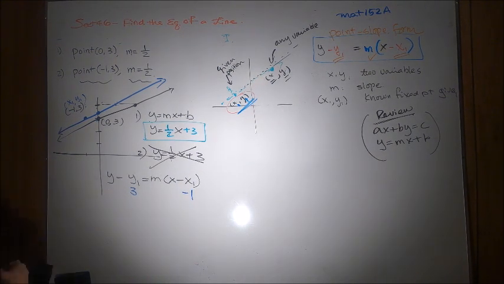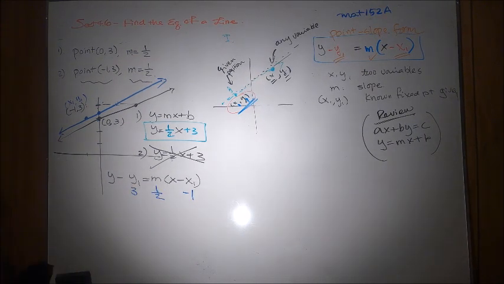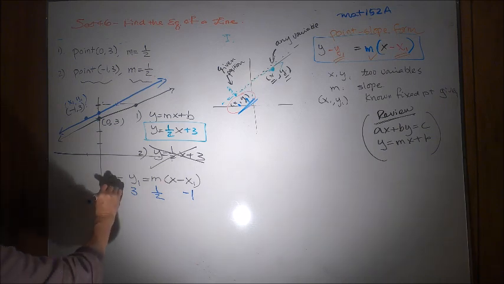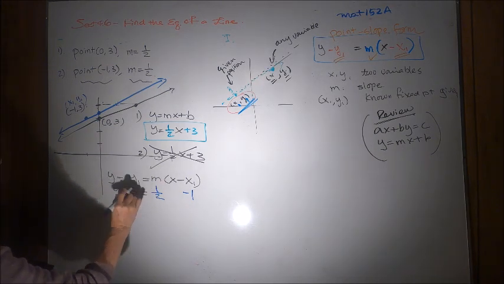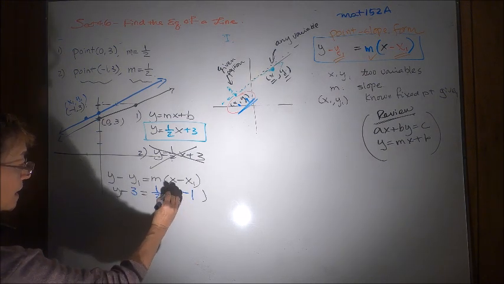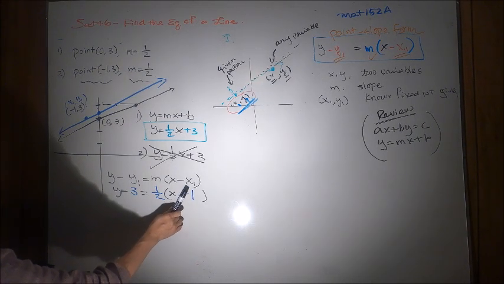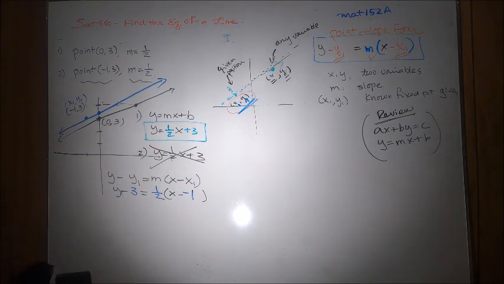So then what's your m? m is half. So that's how you will plug in. So then you will write your equation this way. y minus 3 equals half times x minus -1.